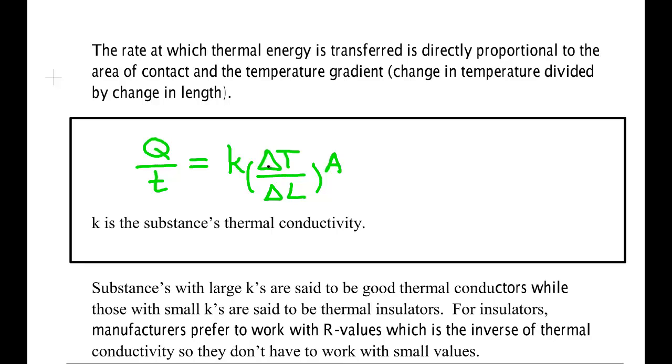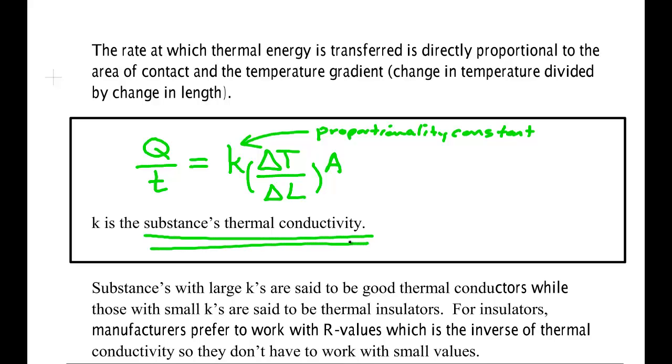That is, it's not just the change in temperature, it's temperature per length. This is the cross-sectional area, and this proportionality constant has a name. It's called the substance's thermal conductivity.